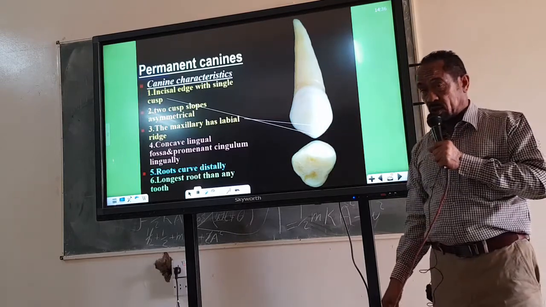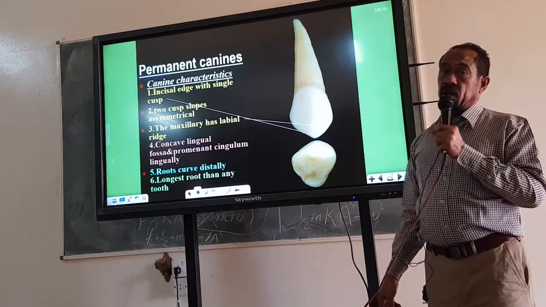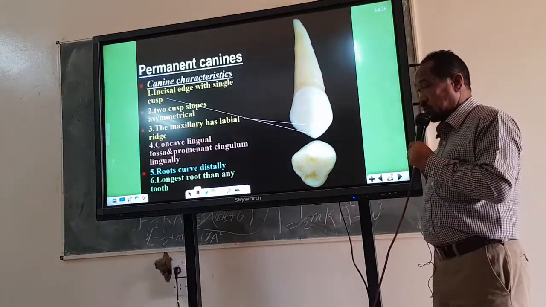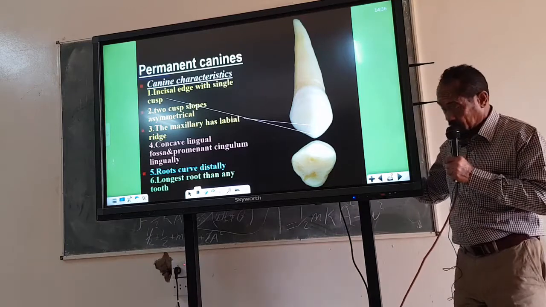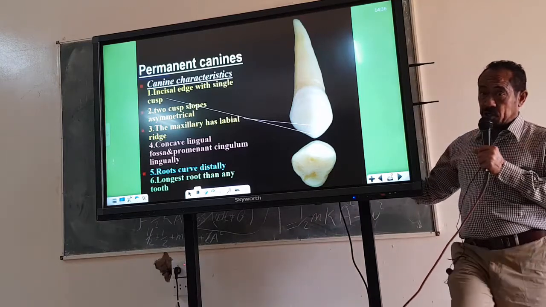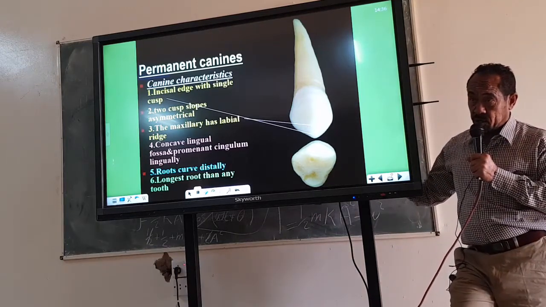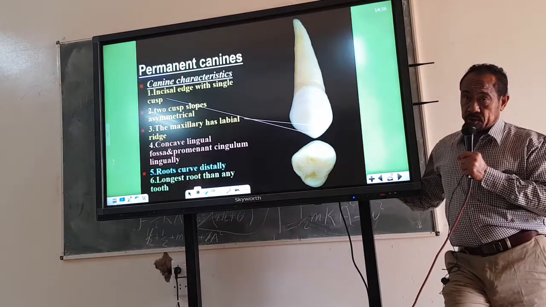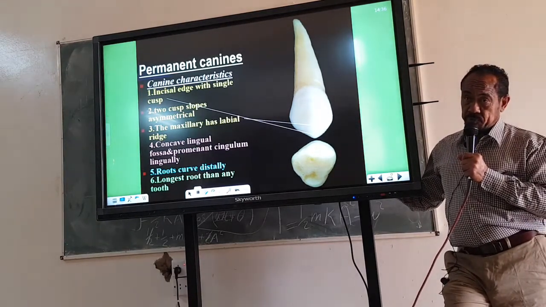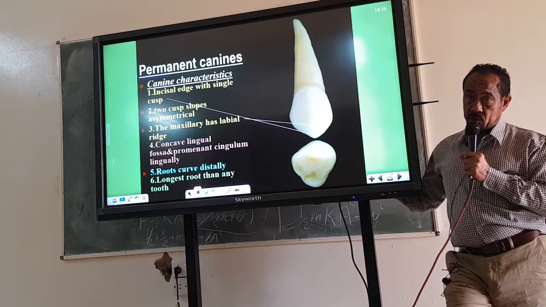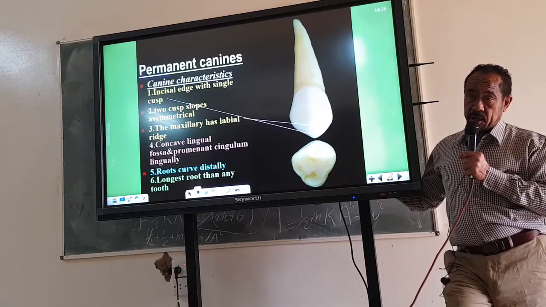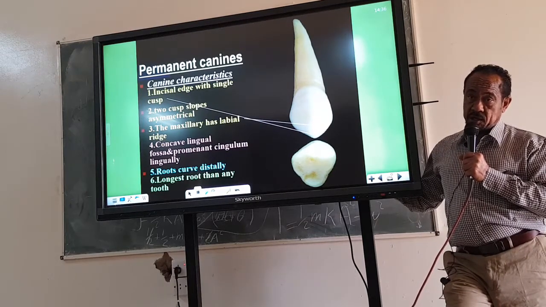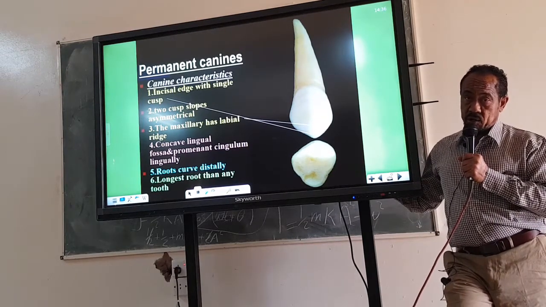Which of them is longer than the other? It is always that the distal cusp slope in any tooth is longer than the mesial, with one exception. In the maxillary first premolar the mesial is longer than the distal. In any other tooth the distal is longer. In some teeth we find them equal, but mainly the distal is longer and the mesial is short, except the maxillary first premolar, where the mesial is longer than the distal.